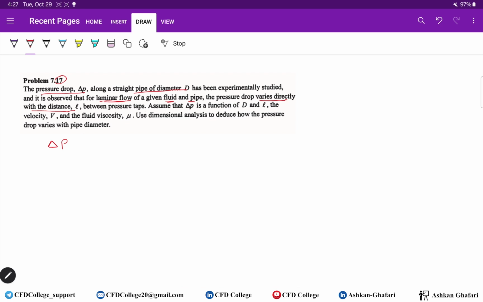It means that it has a linear relationship with L. So delta P has a direct linear relationship with L, or we can say delta P equals, for example, C1 L. C1 is a constant number because the relationship should be linear and directly.